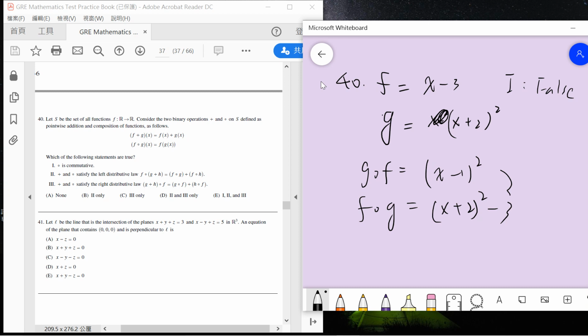Second, the plus and the composition satisfy the distributive law. This is also common sense that this is not correct, because the first one is not correct. If you add two functions together, then the composition cannot be distributive. So this problem is also easy.